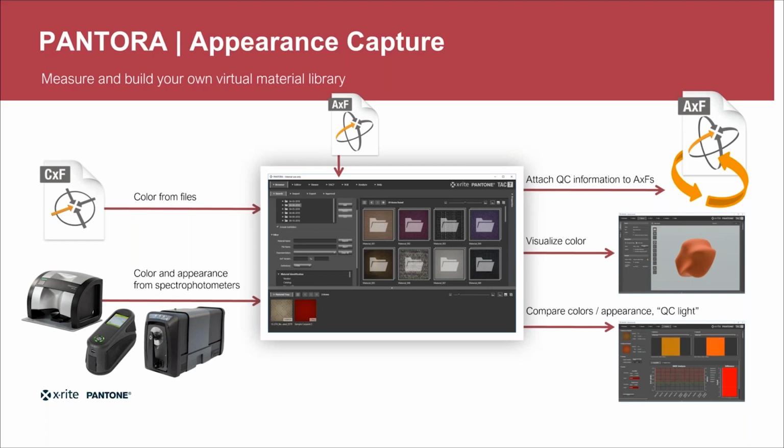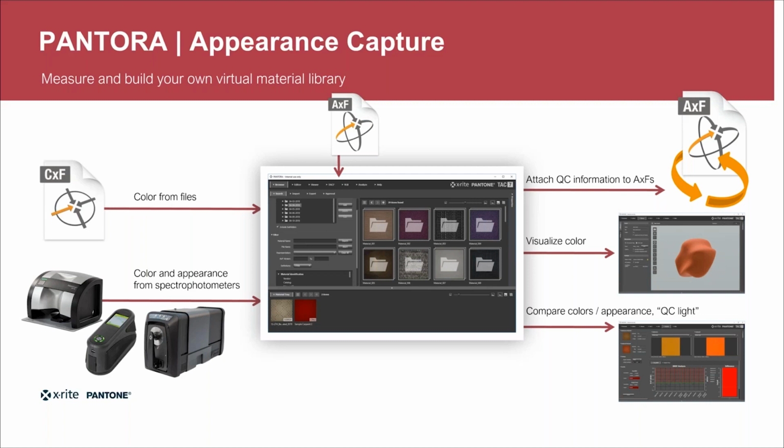So think about, if you've got a plastics collection and you want to bring that information in, I don't want to have to remeasure the color of all of those samples. We can bring in some of that information with the CXF file.